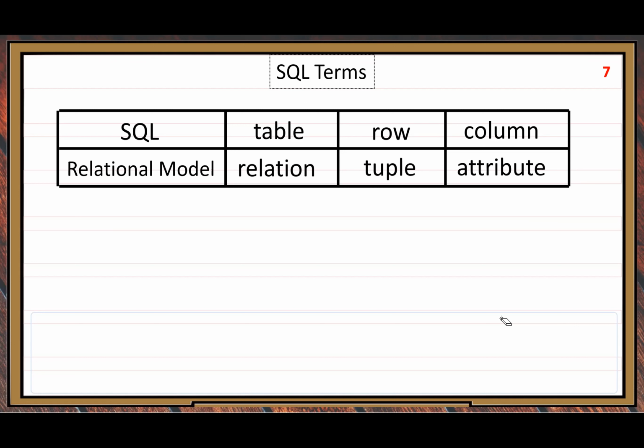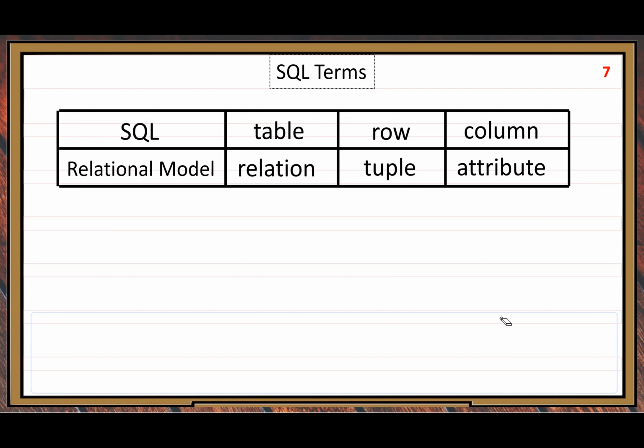The second row corresponds to the research project's relational model. The first line is the industry way, what they call it. So table corresponds to relation. Row corresponds to tuple. So we know the tuple.